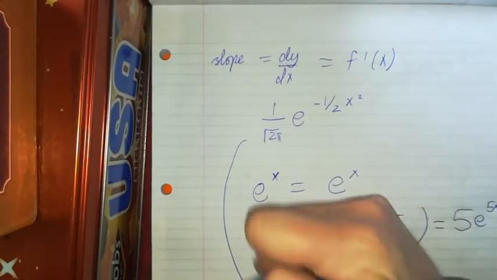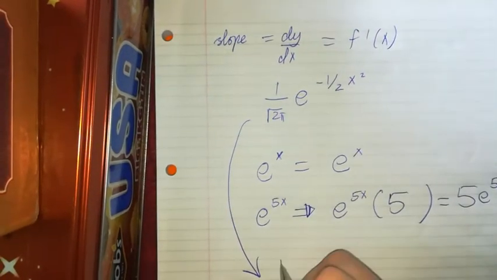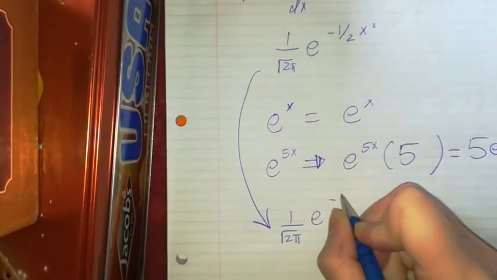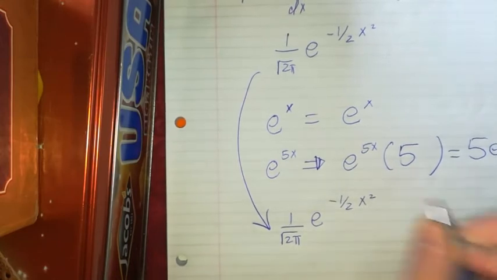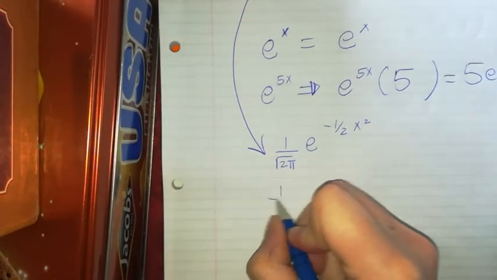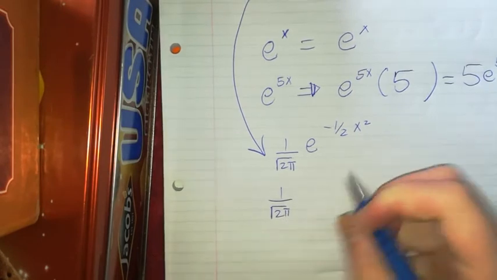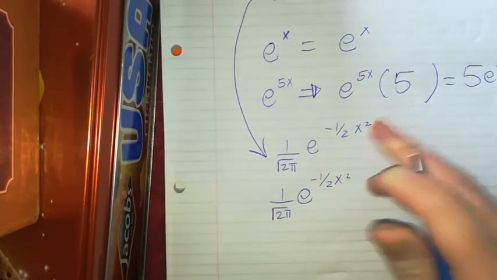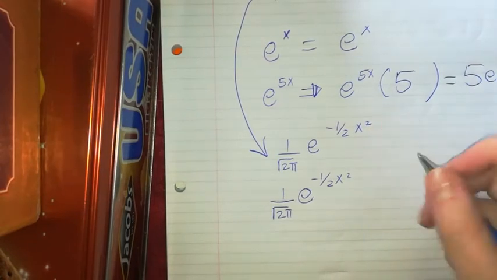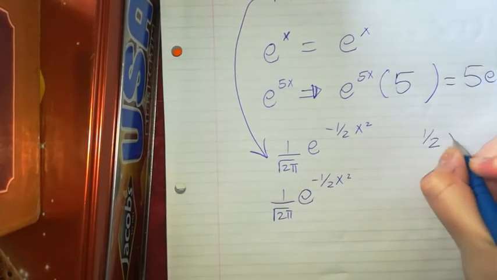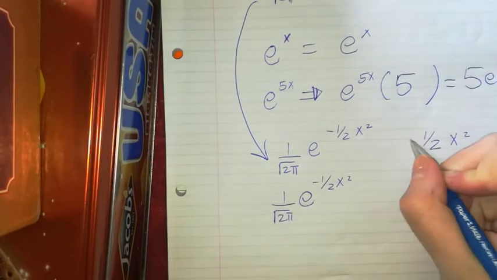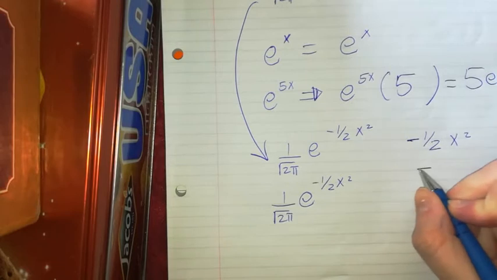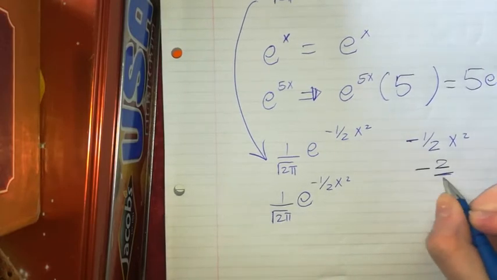So now we're going to go with this one. The 1 over root 2 pi isn't going to change, and then e to the power of minus a half x squared. The e is going to still have the same power, but we are going to have to differentiate this power. If we differentiate minus a half x squared, the 2 will come to the front, so it will be minus 2 over 2x.